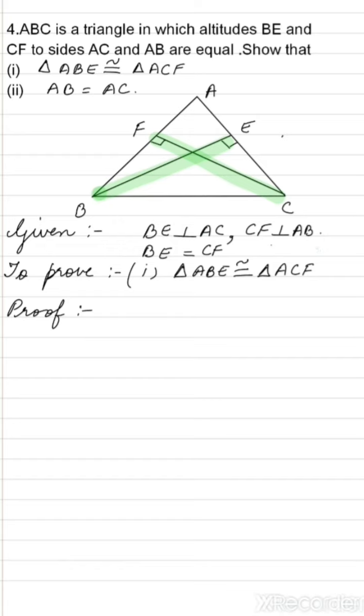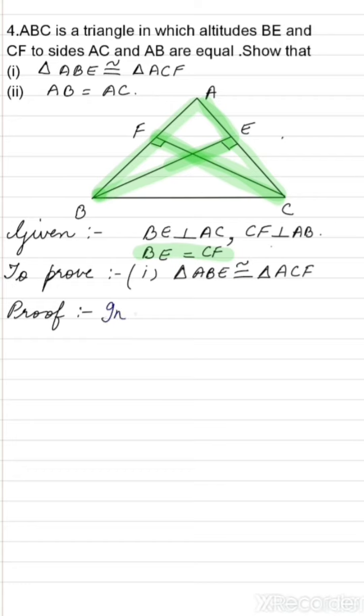And I have already told you in the third question, altitude means perpendicular to the opposite side. And you are also given that BE is equal to CF. You have to prove triangle ABE congruent to triangle ACF.